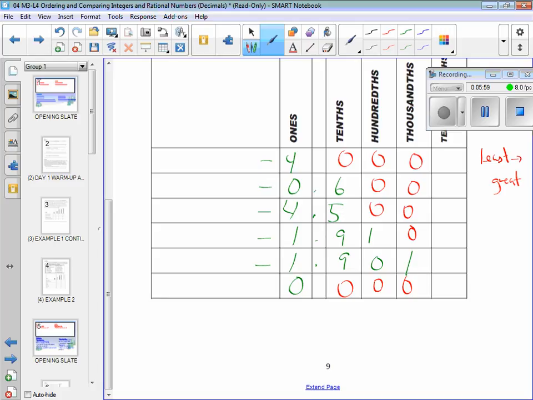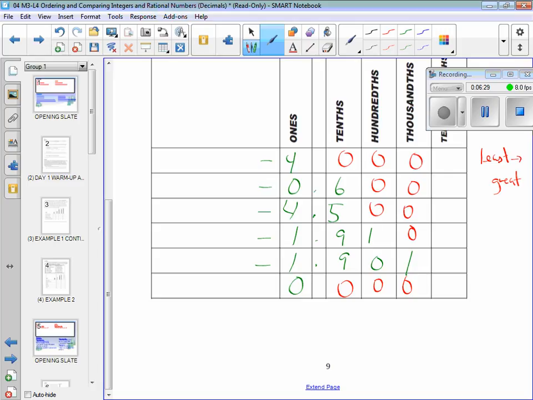Furthest left. Ben. Zero. Minor detail, but it's important. It's the way you said it. Who knows what I'm getting at? -4. That's an important value.